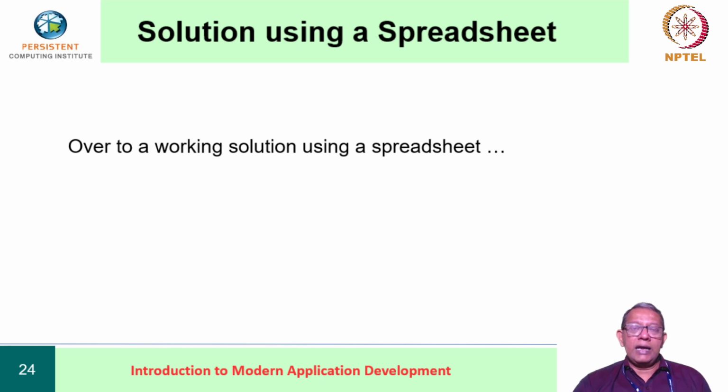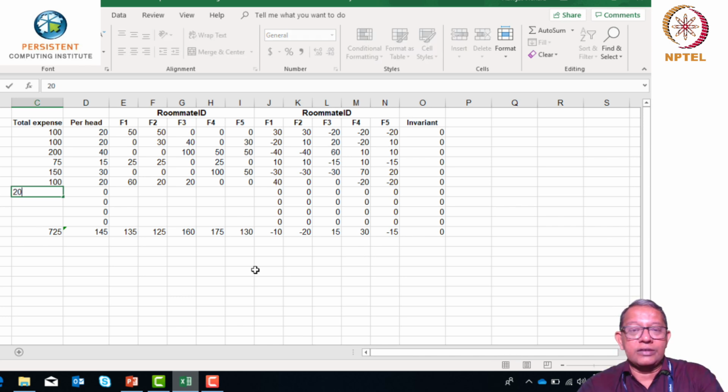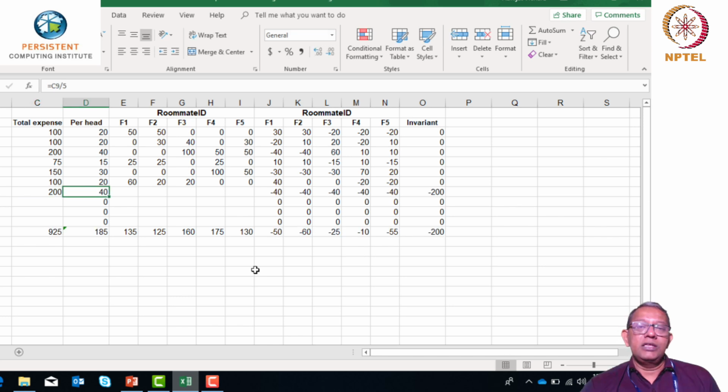Let's have a look at an actual working solution. Here is an Excel spreadsheet of the same solution that we have seen. Let us add a 7th event. Let's say that it is rupees 200. This means that amongst 5 friends, the per head contribution is rupees 40.